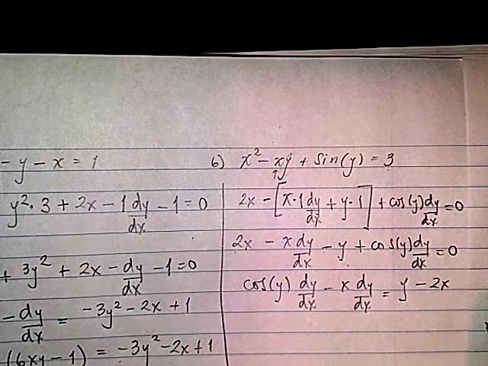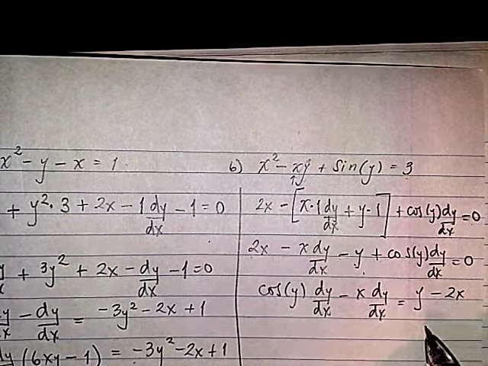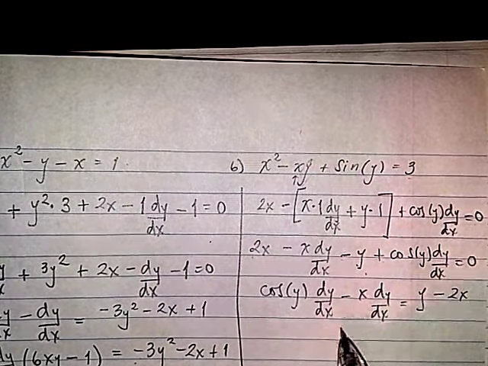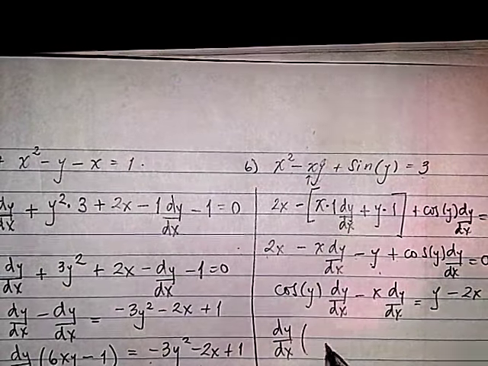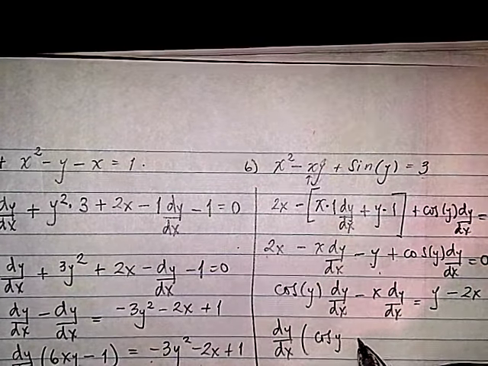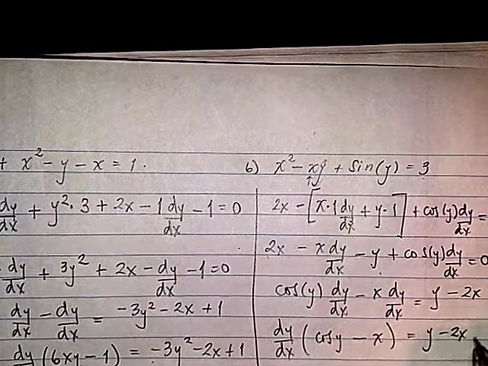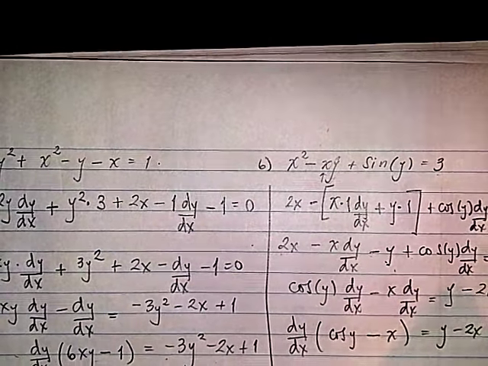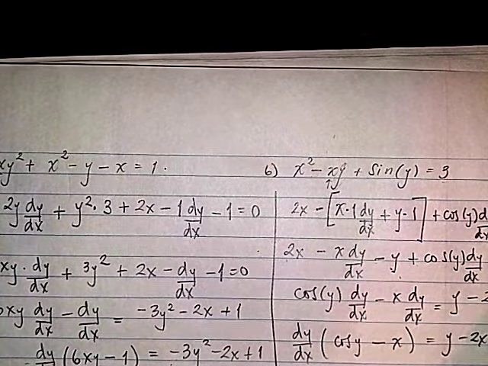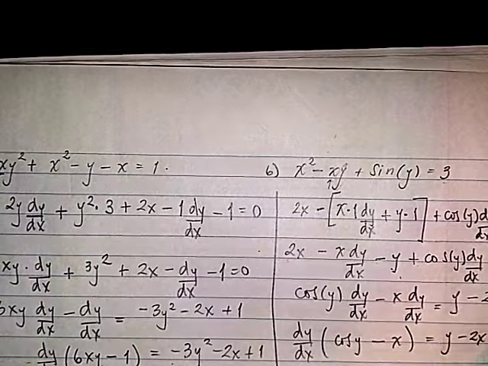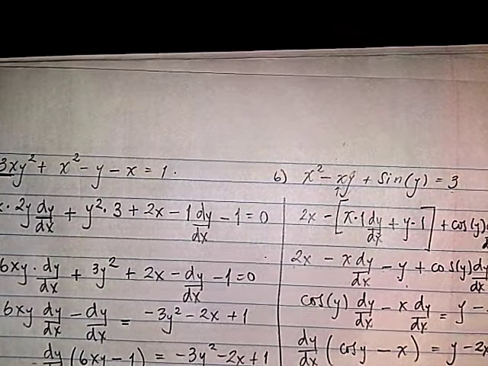And the reason I'm doing that is just because I don't want to have that leading negative in front of here. Let's go ahead and factor out your dy dx, and that's going to leave me with cosine of y minus x equals y minus 2x. Lastly, I'm going to use y prime. Divide everything by cosine y minus x, so that's going to give me y minus 2x all over cosine of y minus x.